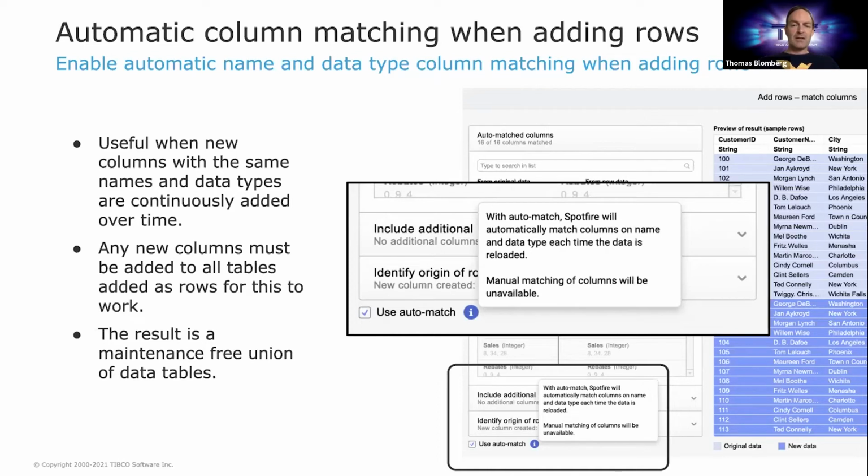If you know that's the case, you can click this box and have any columns added in the future automatically match. So really cool feature and easy to configure, and it replaces the manual match otherwise used.